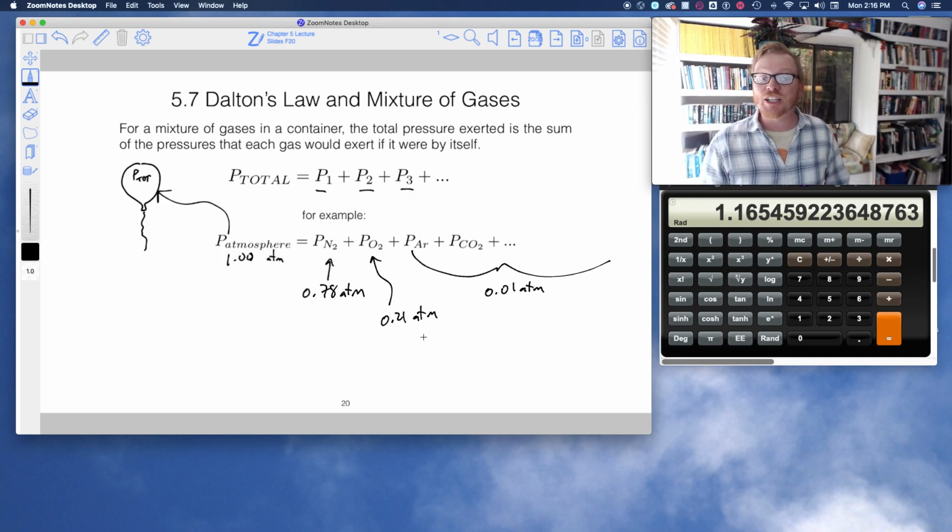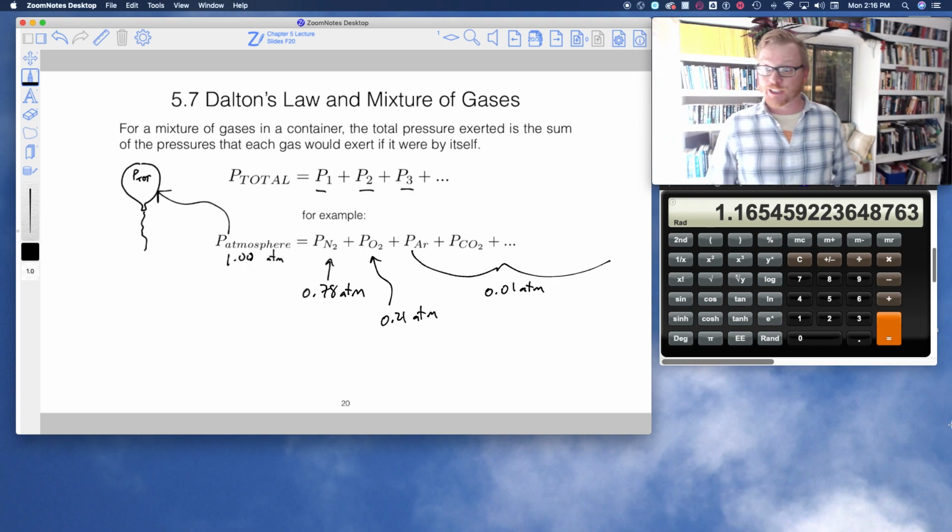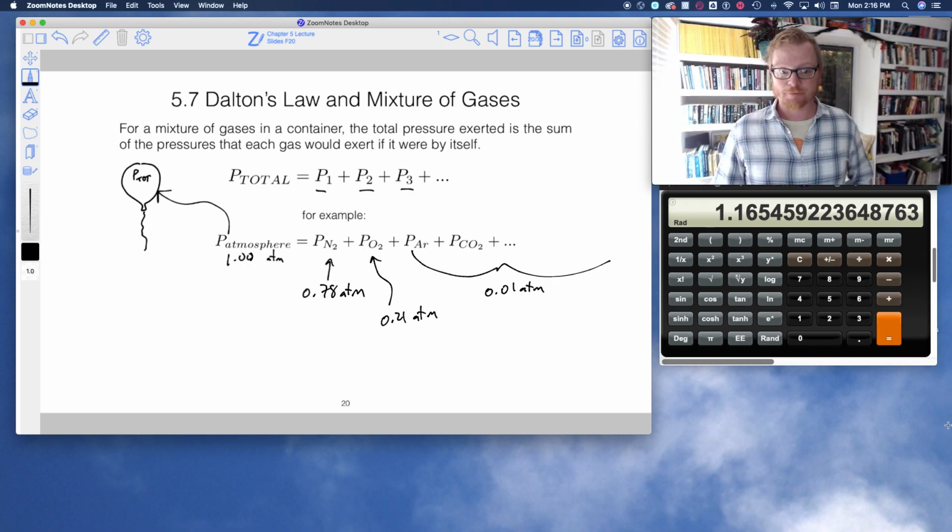And this is actually where you get the average molar mass of air, okay? From the fact that about 0.78 is nitrogen, about 0.21 is oxygen, and about 0.01 is all this other stuff, okay?